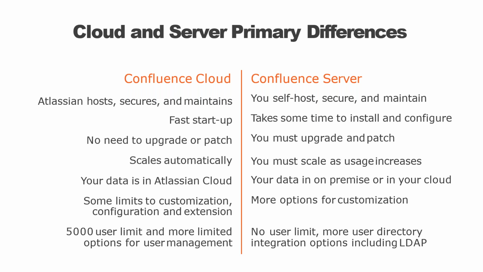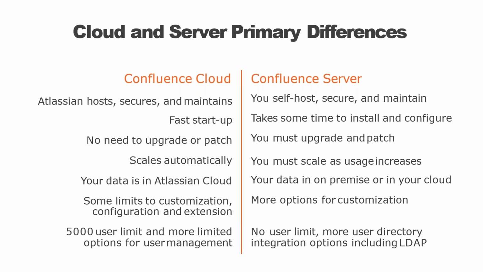So more or less we understand the difference between cloud and server. For software offered in the cloud, most of the IT infrastructure, security, upgrade, and backup is taken care of by the provider itself. Server, you have to take care of everything, right? So cloud is hosted by Atlassian, secure and maintained by Atlassian itself, which is good to start, fast to start up.